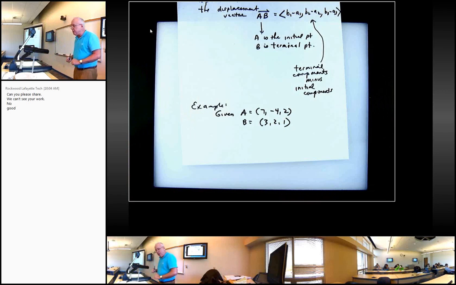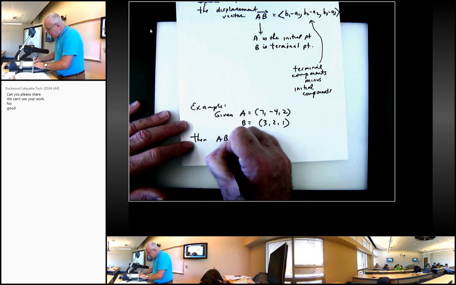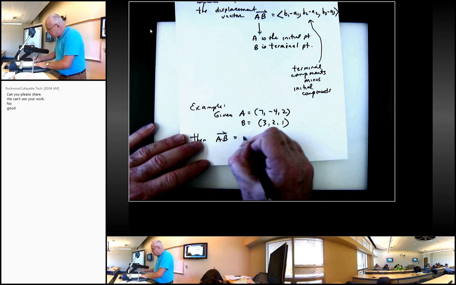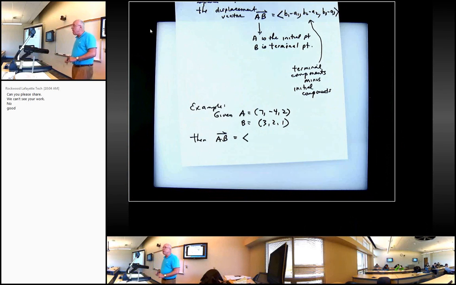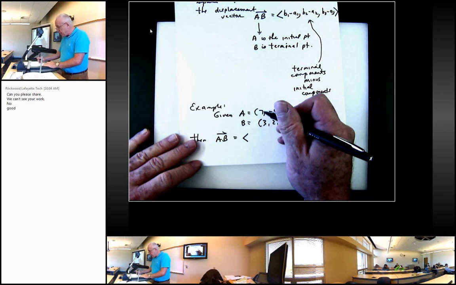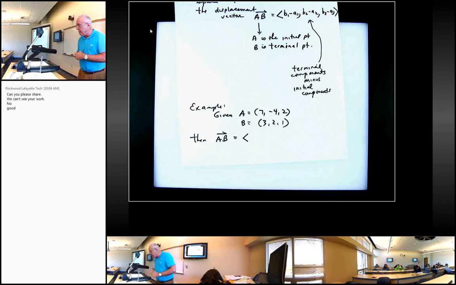Then the vector AB, starting at A and ending at B, is, now I'm using the brackets because I'm talking about a vector, the B components minus the A components.